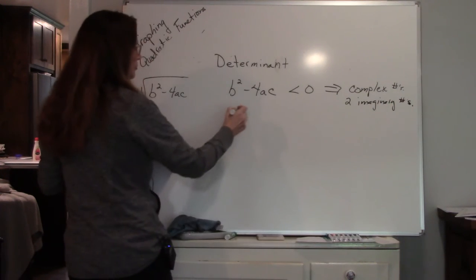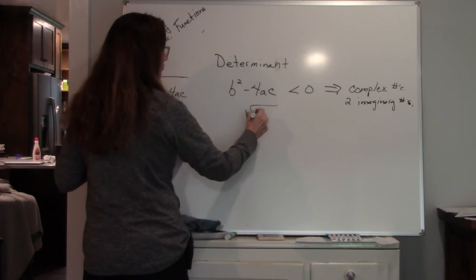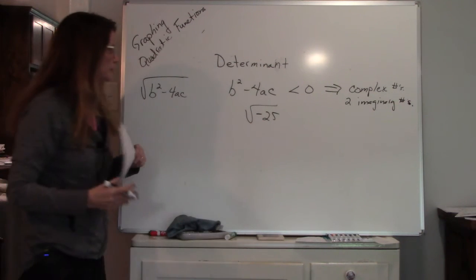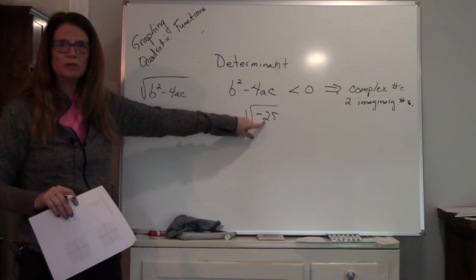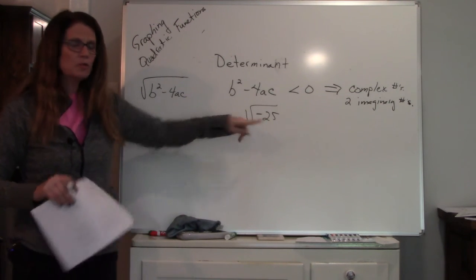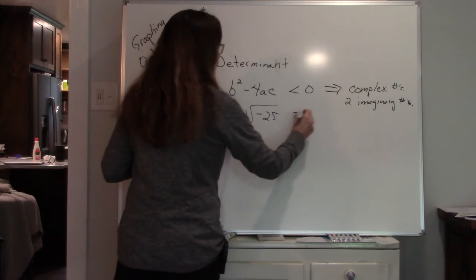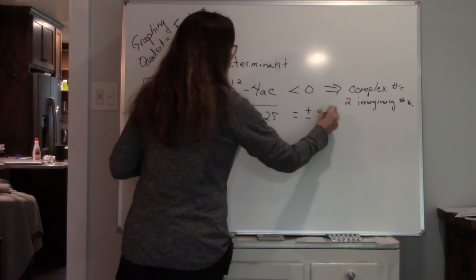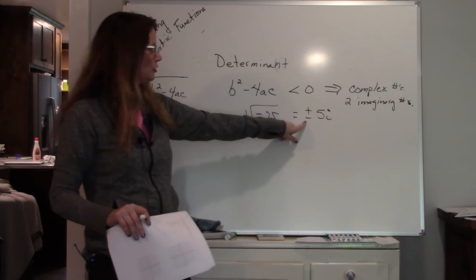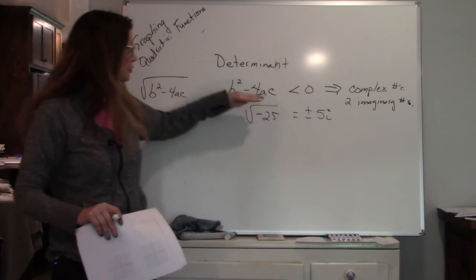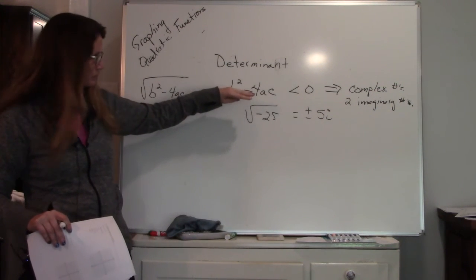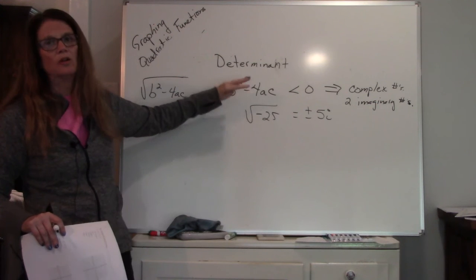In other words, if you had the square root of negative 25, so let's say your determinant, the number underneath your radical, is negative 25, you're going to have plus or minus 5i. You're going to have two complex numbers, or two imaginary numbers. That's when your determinant is less than 0, or negative.